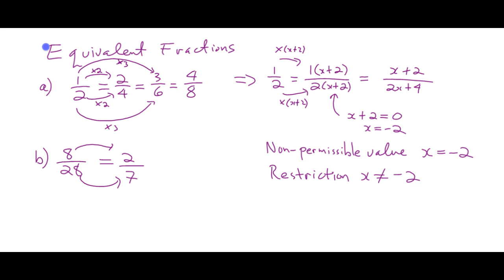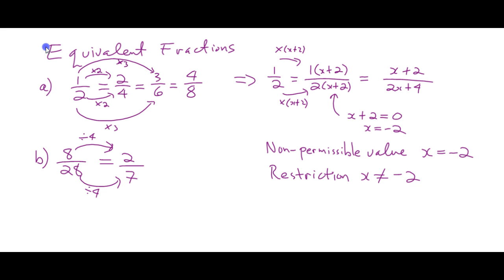How do you get that? What are you doing to the numerator and denominator? Divide by 4. As long as you're doing the same thing to the top as you are to the bottom, you will get an equivalent expression, an equivalent fraction or equivalent rational expression.